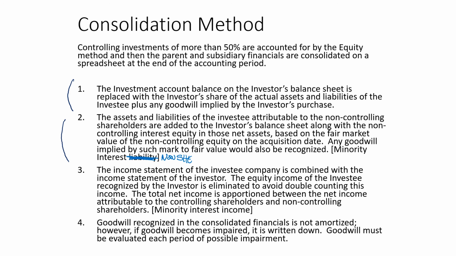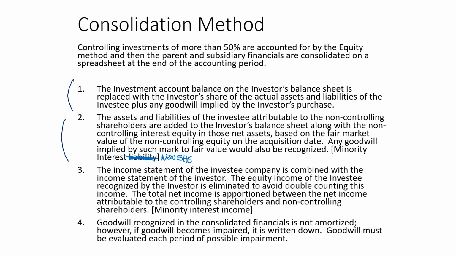Now, if you don't own 100% of that subsidiary, then you're going to have something called minority interest. And minority interest used to show up as a liability, meaning a responsibility, on the balance sheet. It has shifted in place, and now minority interest, like we saw in Coca-Cola, is now down in the shareholders' equity section.